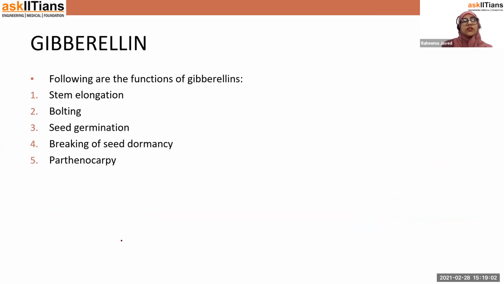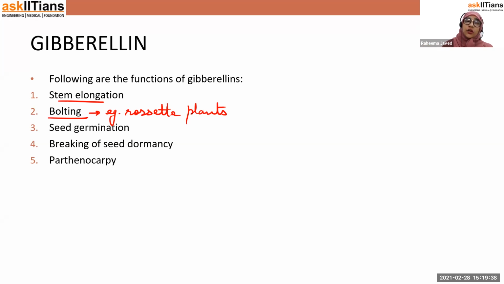So some of the functions of gibberellins are stem elongation and bolting. Bolting is basically the growth of the internode just before the reproduction. In rosette plants, there is profuse leaf development on the nodes, but the length of the internode remains the same.